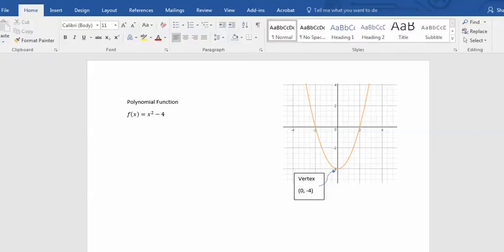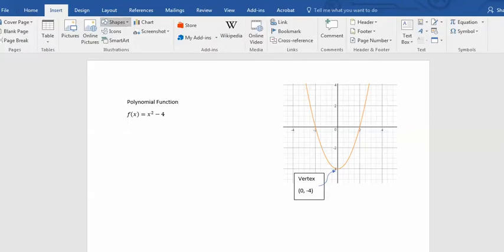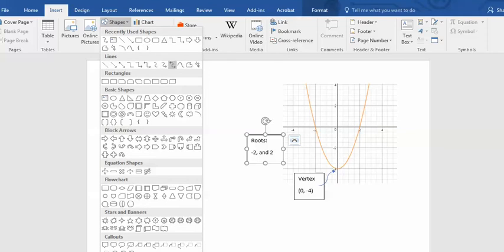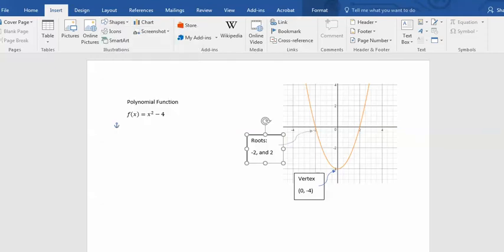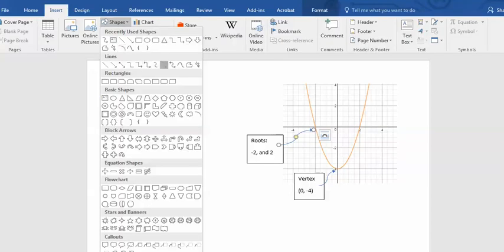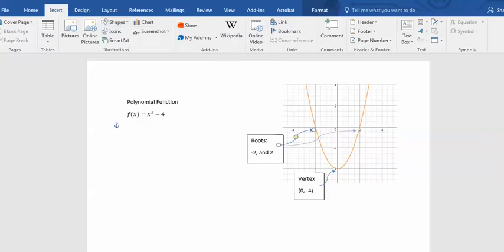So there's my vertex. Maybe I want to talk about the roots of my graph being another key feature. So maybe I'll do another text box, and I'll say my roots are at -2 and 2. I want to use another arrow that points to it. One root, and then the other root.